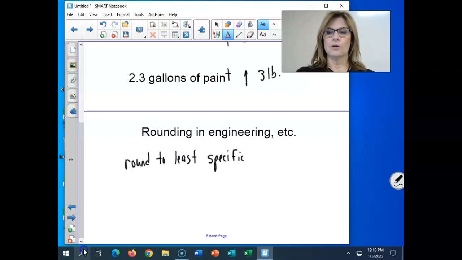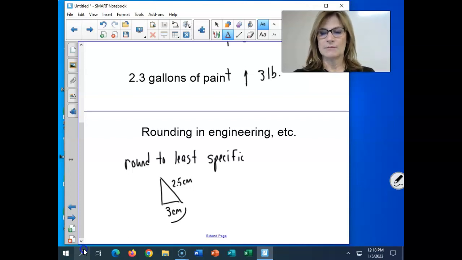So if you were measuring things and this was 2.5 centimeters and this was just 3 centimeters, and we were going to round things off, 3 centimeters is rounded to the nearest whole number.